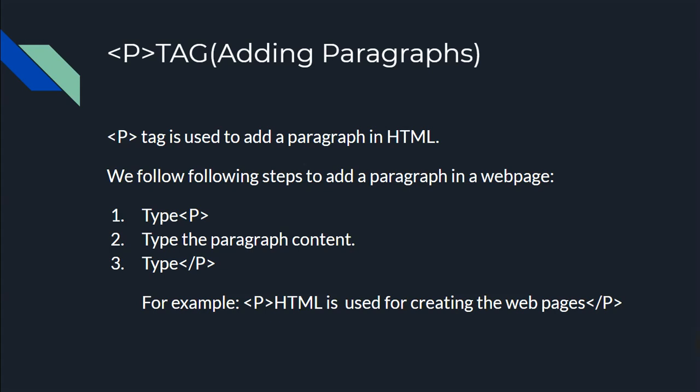As you can see, a small line I have written here: we start with the P tag, then we write HTML is used for creating web pages, and we close the P tag. So we start the paragraph with the P tag and we end the paragraph with the closing P tag. Whenever we have to start a new paragraph, we have to put a P tag before that paragraph.